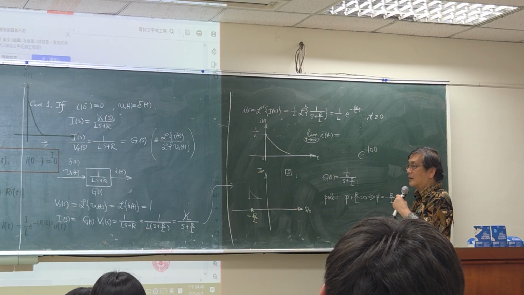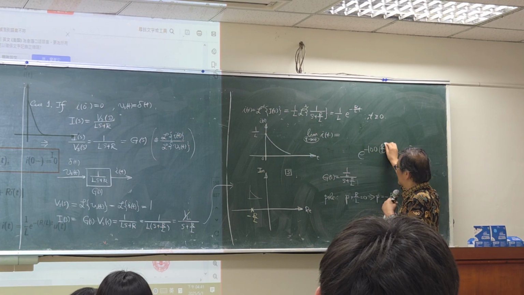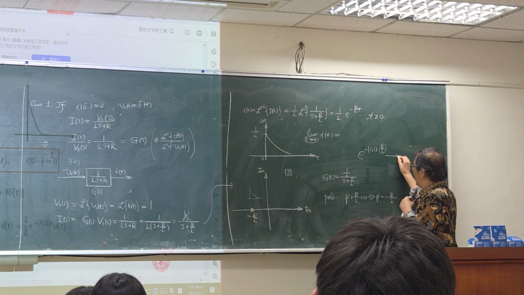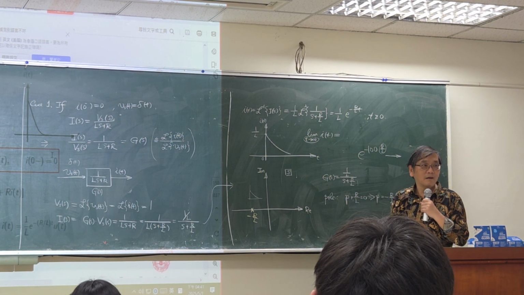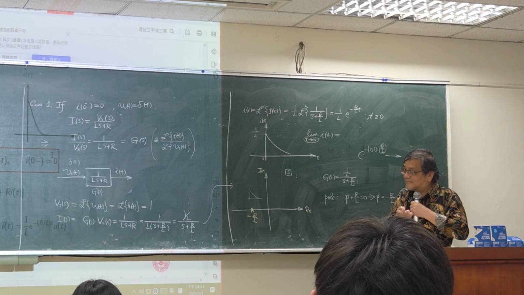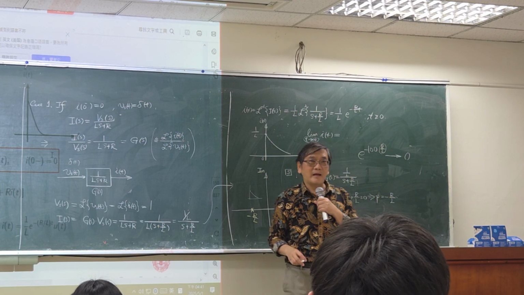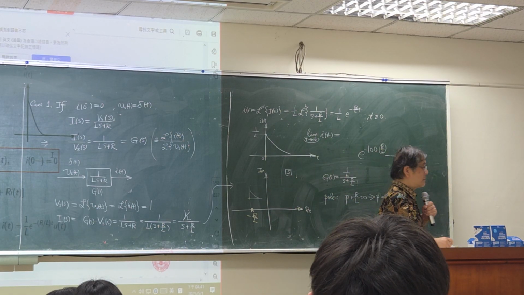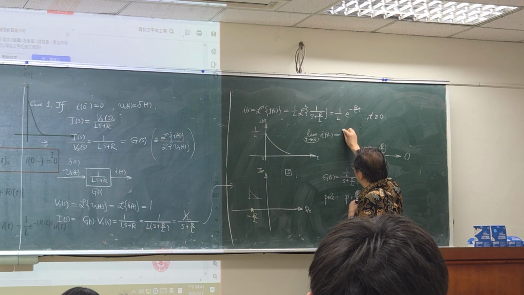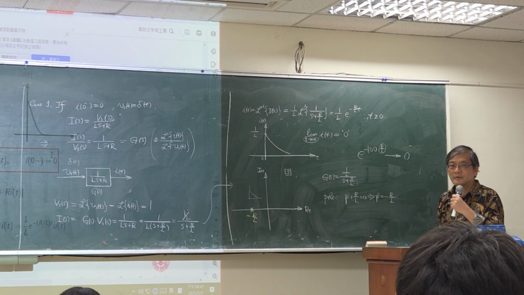For example, e to the negative 100, this is a constant, right? This is going to be 1? 1 again? 0. Right, a very tiny small number. Yes, that would be a very, very small number, 0, when t approaches infinity.